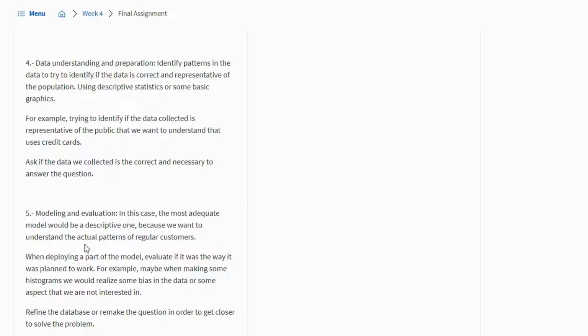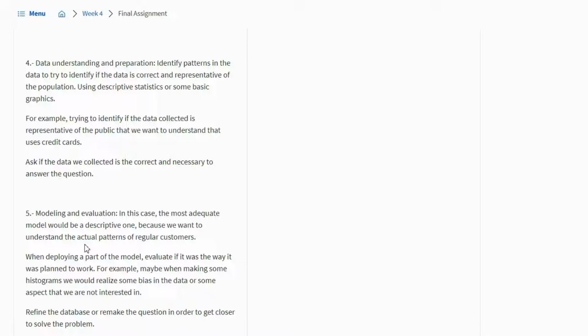Fifth one is modeling and evaluation. In this case, the most adequate model would be a descriptive one because we want to understand the actual pattern of regular customers. So when deploying a part of the model, evaluate if it was the way it was planned to work.